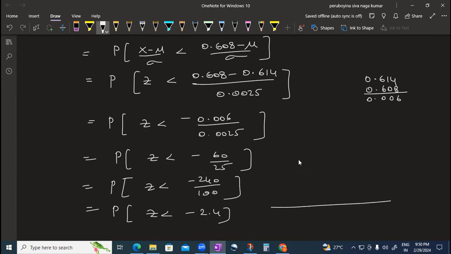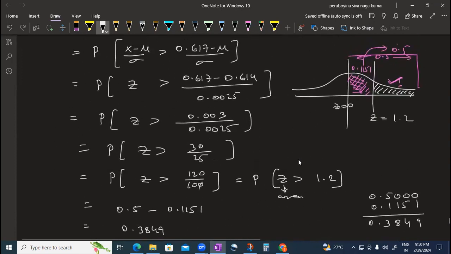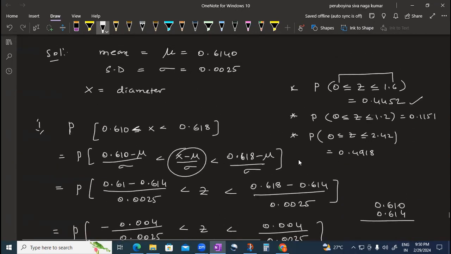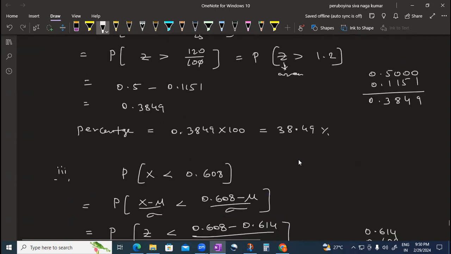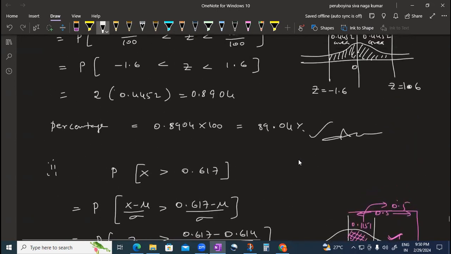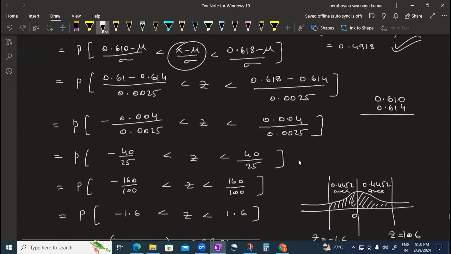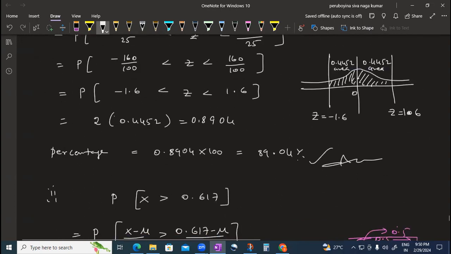So we will make a graph. Minus 2.4 will be here, and the area is below this. Below this means this part we need, this shaded part. But according to what was given, we have to move. So from 0 to 2.42, okay, take it, no problem. 2.42, how much is that area? 0.4918.